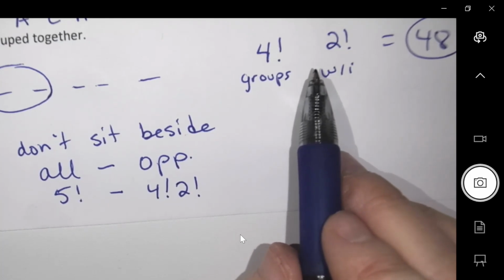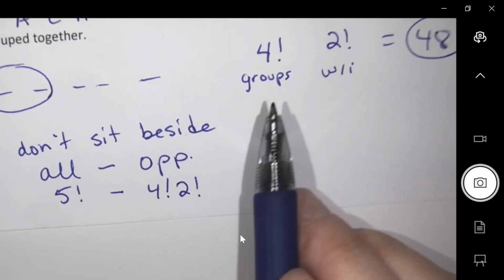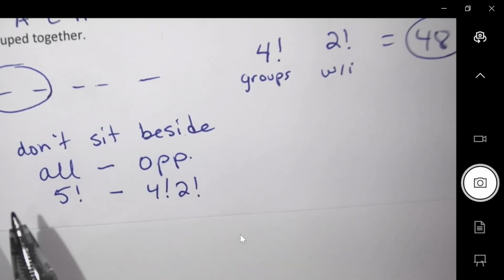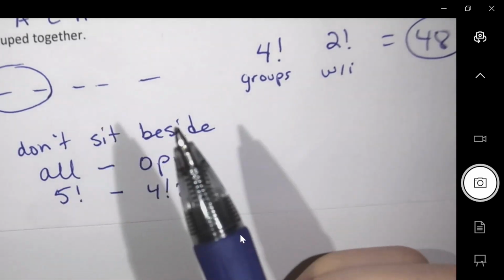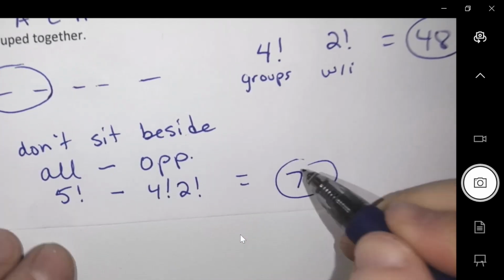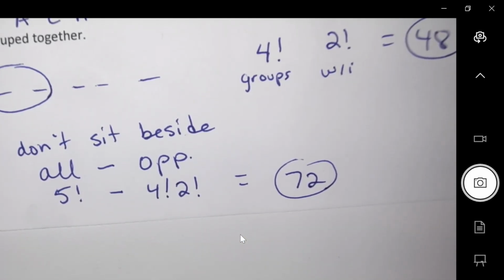All minus if they sit beside each other will give us the options of them not sitting beside each other. Okay, so there are some questions on your test where I suggest you use the all minus opposite strategy.